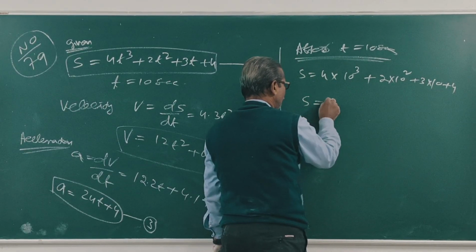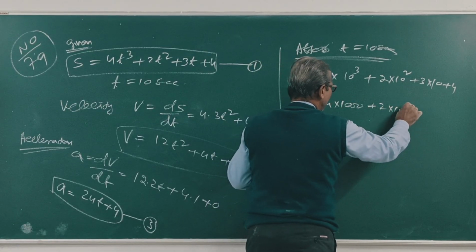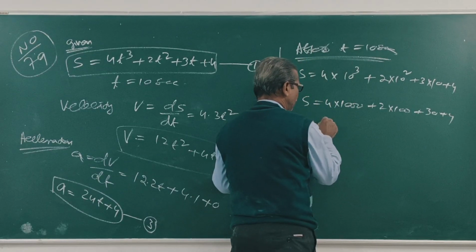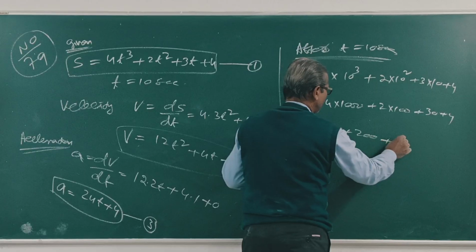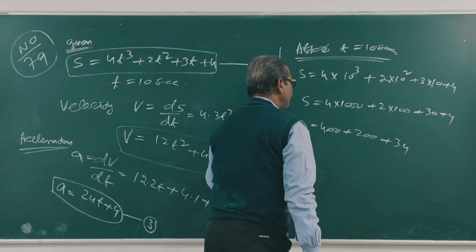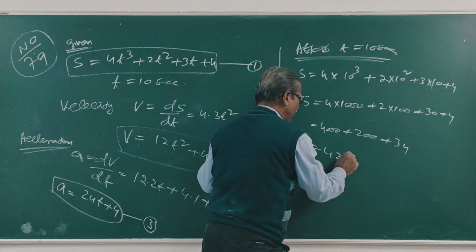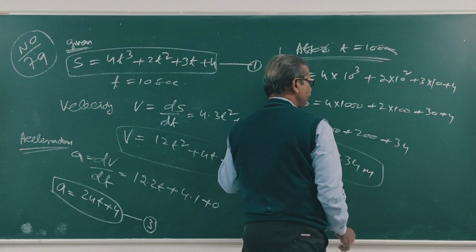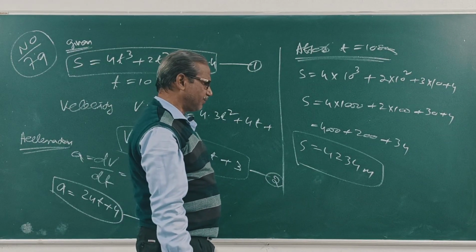So s = 4 into 1000 plus 2 into 100 plus 30 plus 4. This is equal to 4000 plus 200 plus 34. So s = 4234 meters, the distance traveled by the body.